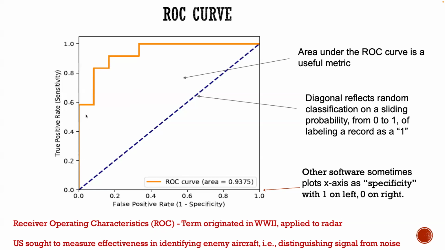So essentially, we are looking at how much area is under this ROC curve, that is this orange line. The more area we can cover, the better. Ideally, if we have this orange line going all the way up and across, that would be the 100% area. But in this particular case, the area is 0.9375. So 93.75% of the space is covered by the ROC curve.